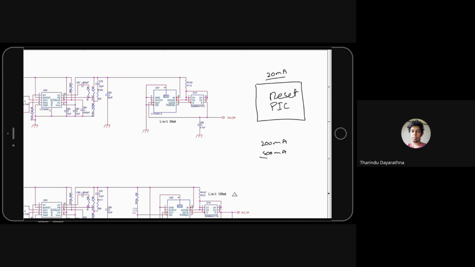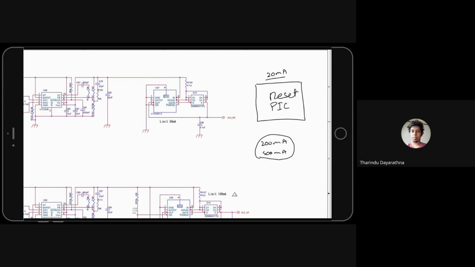So if this kind of situation happens, it is greater than 50 milliampere. Which means reset peak will be turned off using the OCP. The reason we set the 50 milliampere value is to protect from single event latch-up cases. So that's very important.